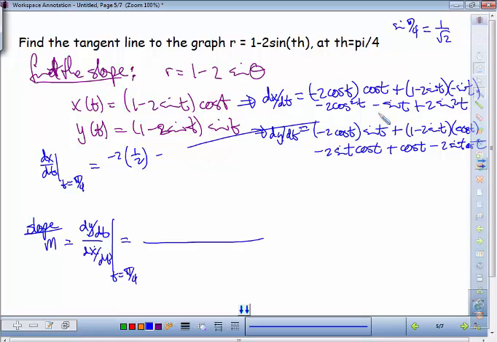minus root 2 over 2 plus 2 times sine, so that's 1/2 again. So I believe if we do our math correctly here, this is equal to negative root 2 over 2.